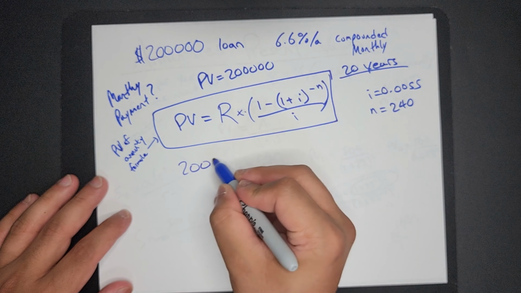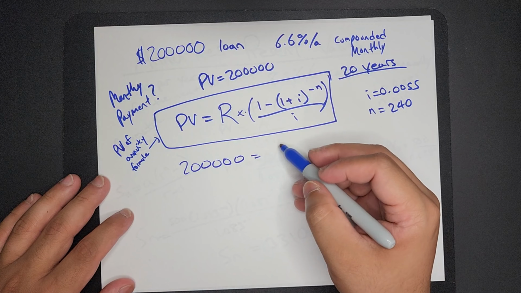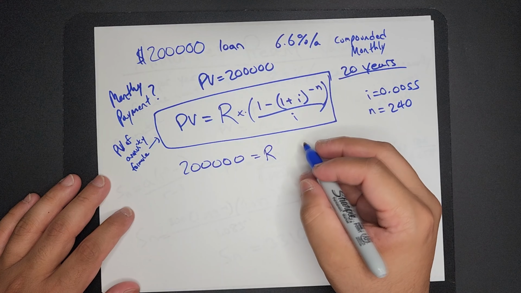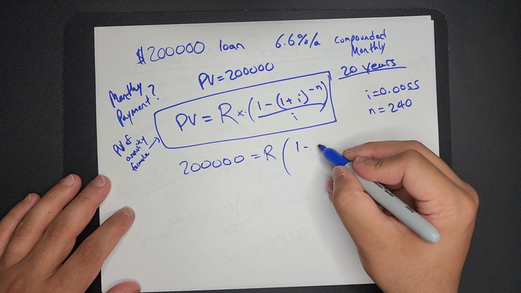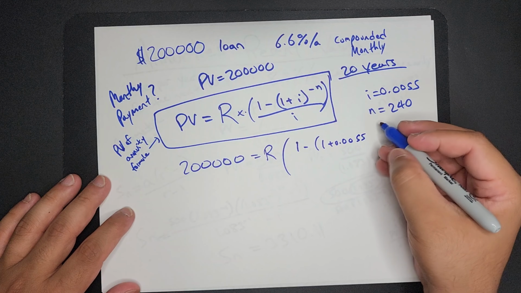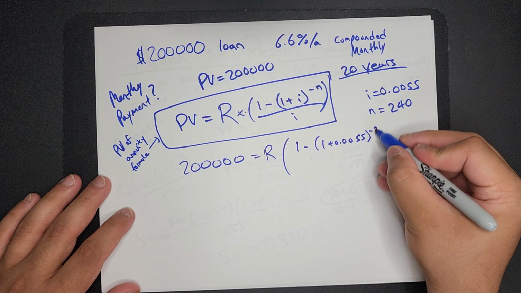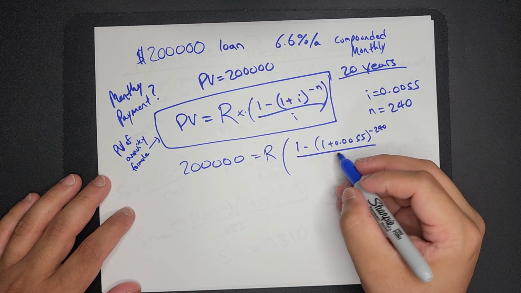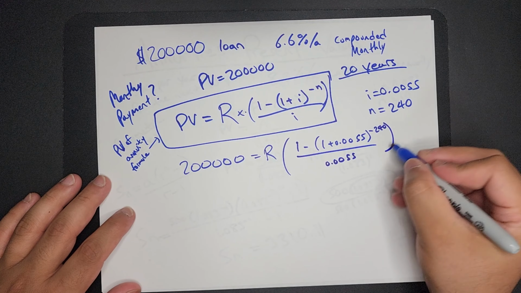So if you were to write this out, we have R, which we're trying to find out. And then in here we have 1 minus (1 plus 0.0055) to the power of negative 240, over 0.0055.